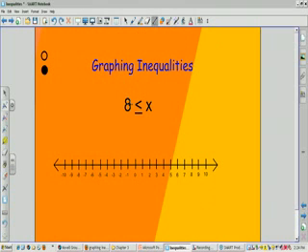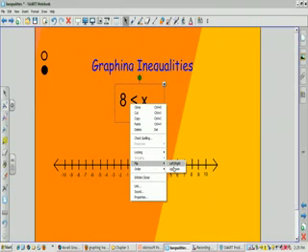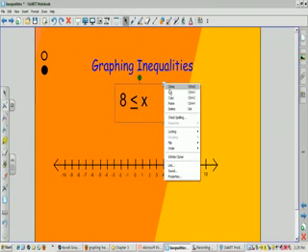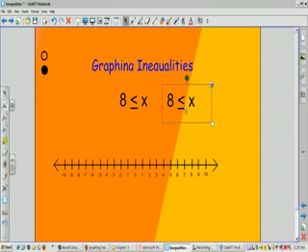One way to get around that is to take your problem and turn it around. Here was our problem. Maybe I'll make a clone of it so you can see what it looks like. There's the original. If I read it from the letter side, in other words, from right to left, x is greater than or equal to 8.